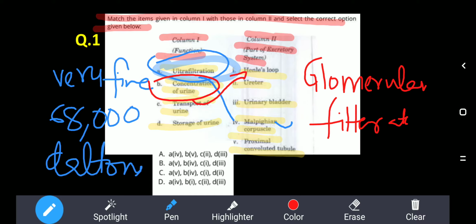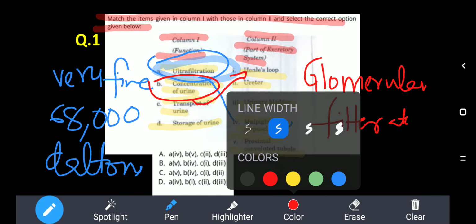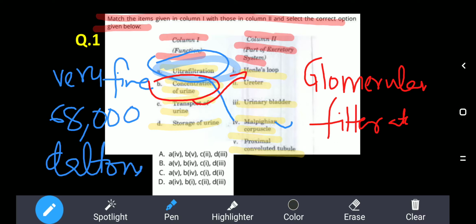So glomerular filtrate is there. You're going to go for concentration of urine, in which the counter current mechanism is there, and the correct match is Henle's loop. Next, transport of urine is a very simple option. It is nothing but the ureter, the correct match. And the last one is storage of urine. Definitely we know it happens in the urinary bladder. The last one given to us is PCT, the proximal convoluted tubule.